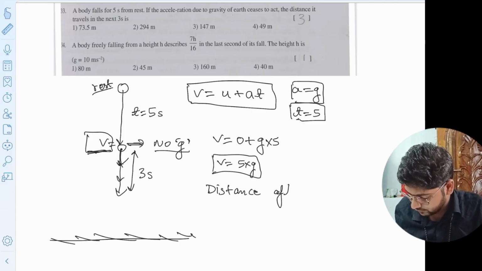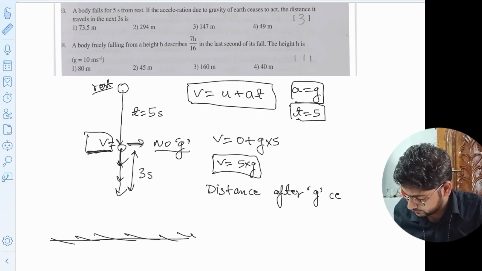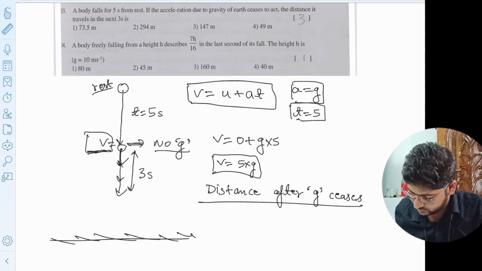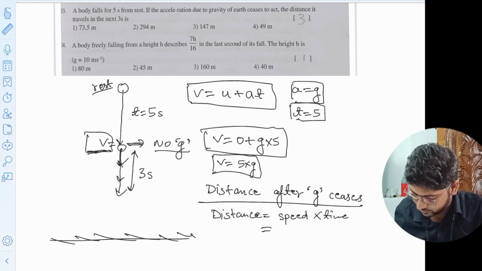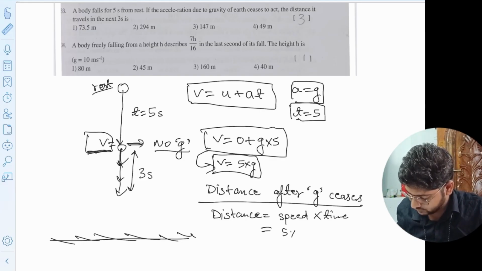Distance after gravity ceases equals speed into time. And what is the speed? Speed equals 5 into G. So speed is G into 5, into time.